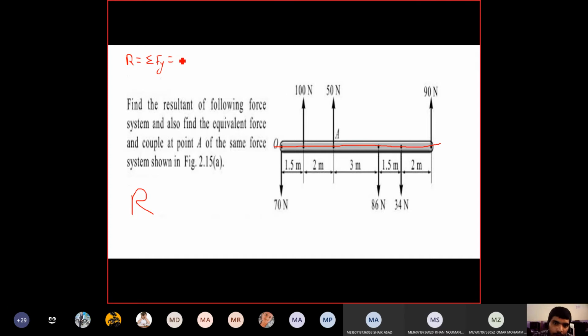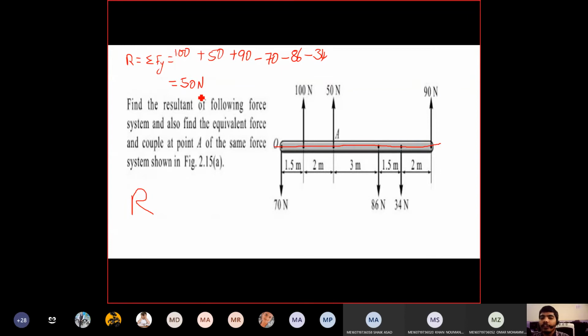So here I can write 100 plus 50 plus 90 minus 70, next minus 86, next minus 34. Now it is clear to all of you. Is there any doubt? Simple thing. That is equal to how much? 50 Newton we are getting. If you calculate all those values, you will get 50 Newton.